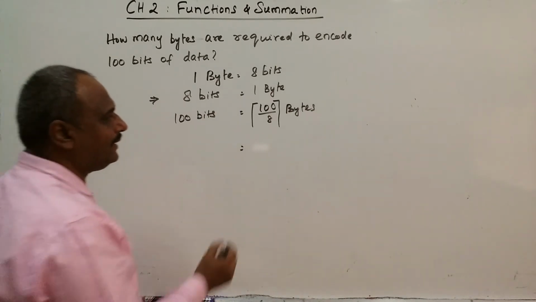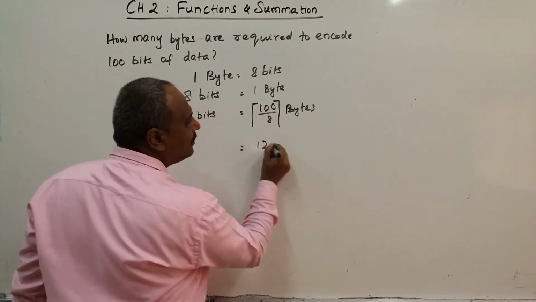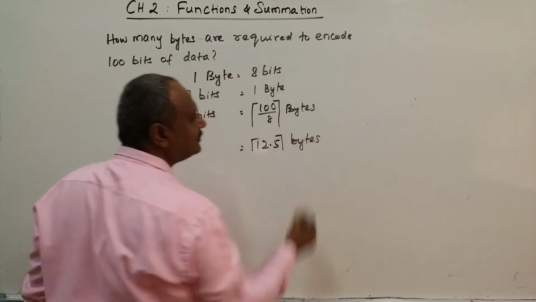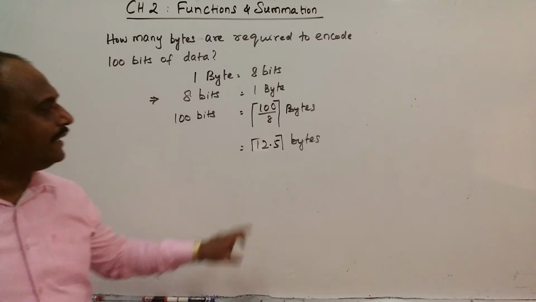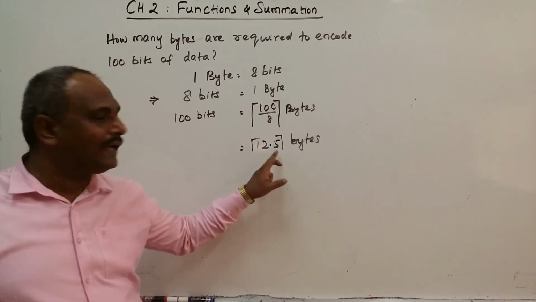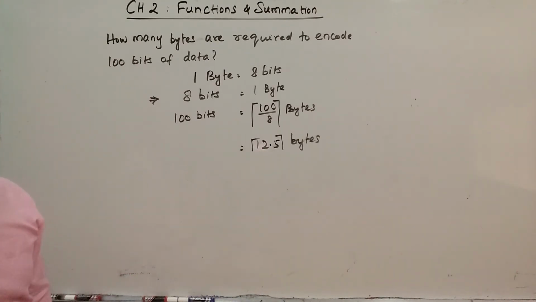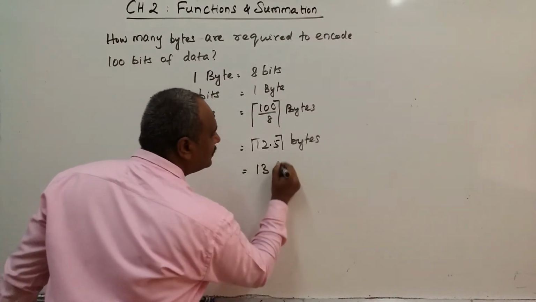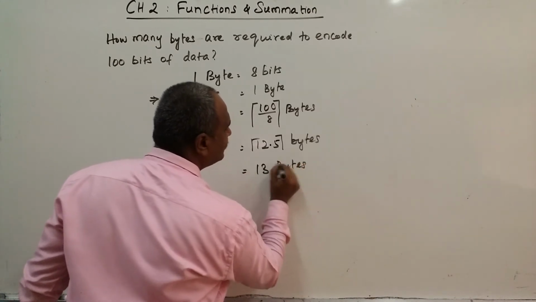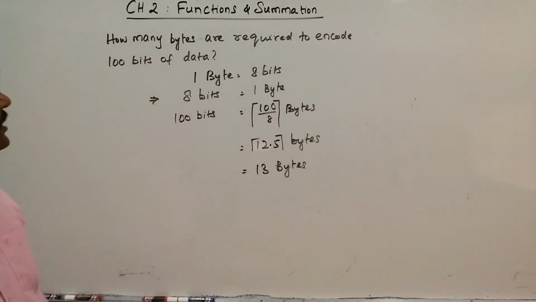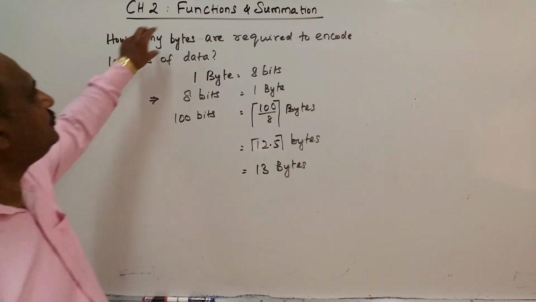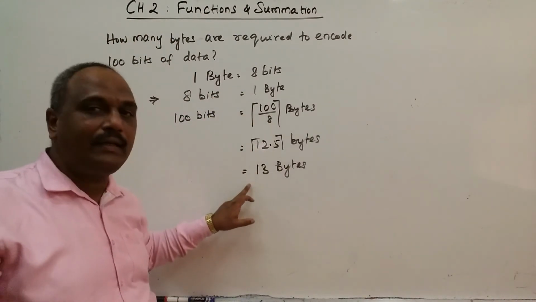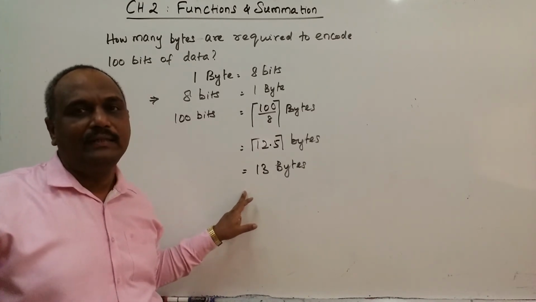So 100 divided by 8 is 12.5, and the ceiling of 12.5 is the nearest integer greater than 12.5. This is 13 bytes. So the basic idea, when I want to convert from bits to bytes, is to divide the bits by 8 and find the ceiling value.